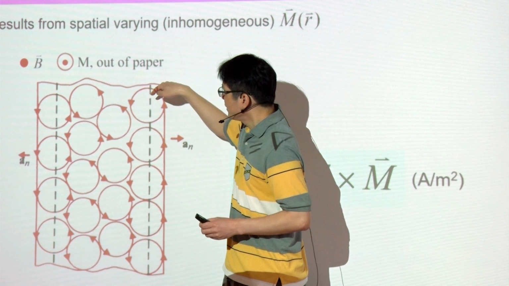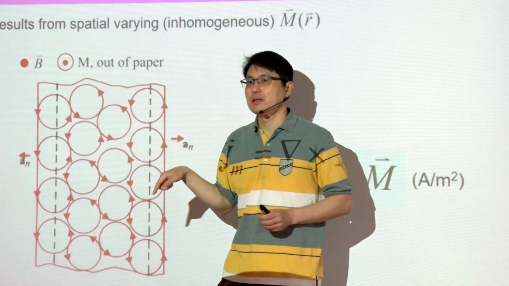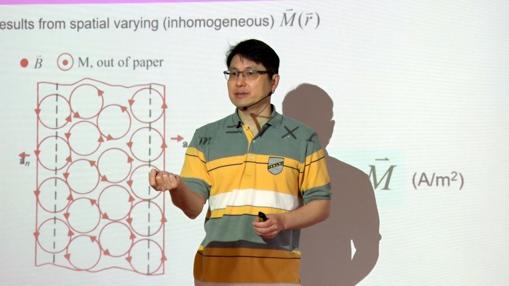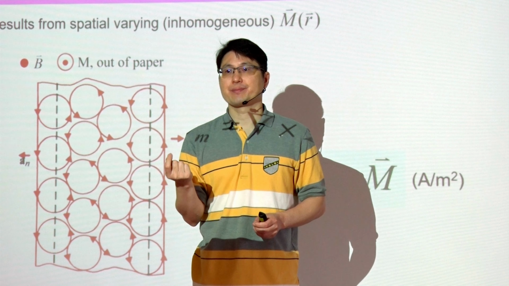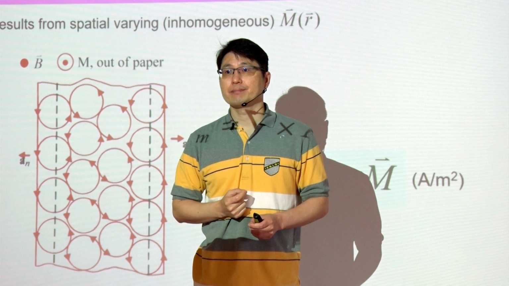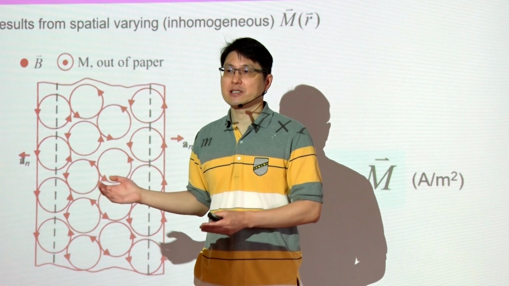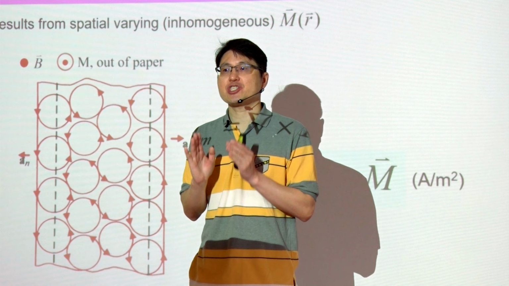Homogeneous means each point in space gives you the same magnetization vector. It's uniform in space, so all the results are not space dependent.